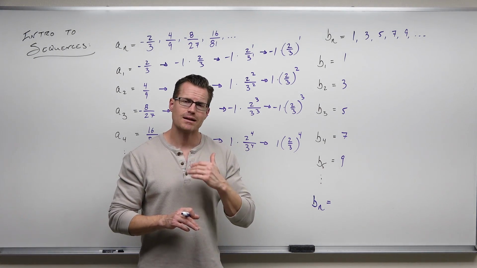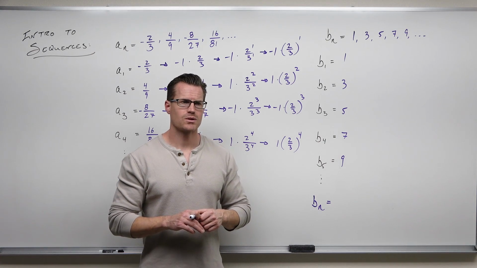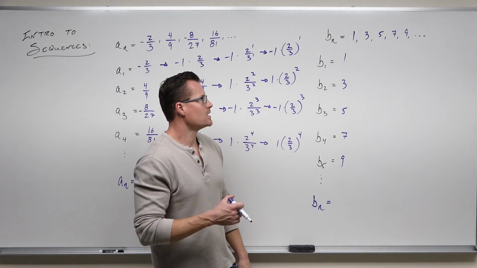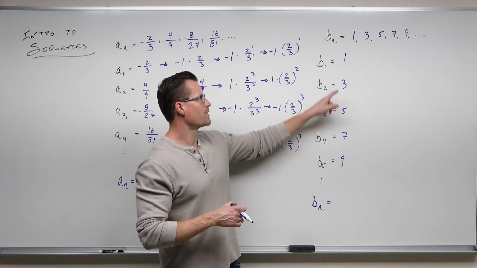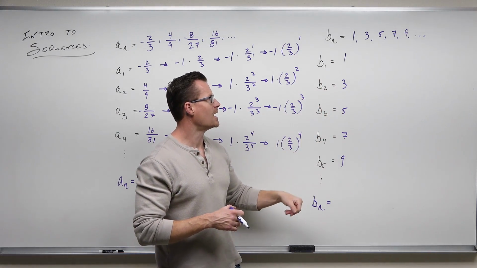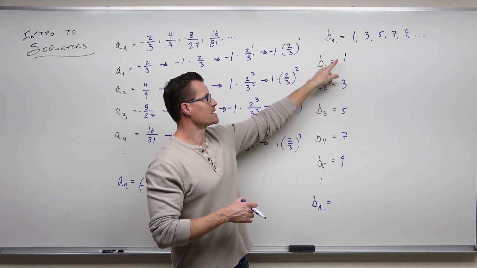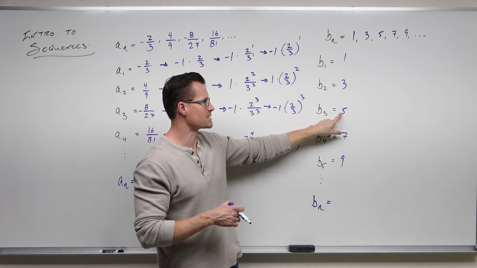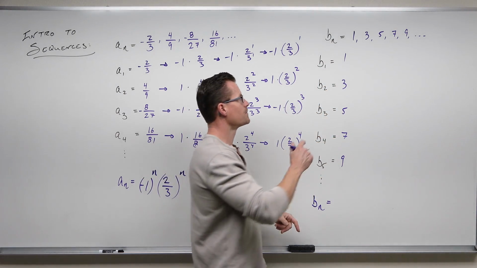So instead, let's try to relate them to something else. Let's try to relate them to something that's not changing. For instance, I noticed that, this is 1 and 3 and 5 and 7 and 9. I can think of it as this is 1 less than 2, 1 less than 4, 1 less than 6, 1 less than 8.